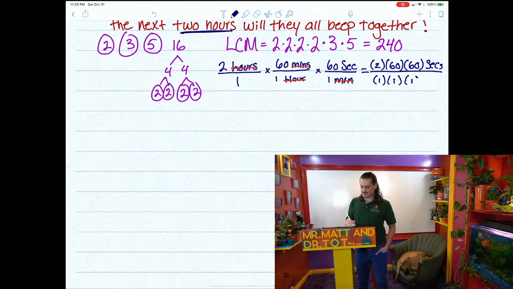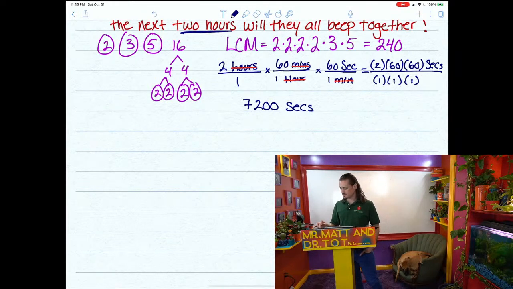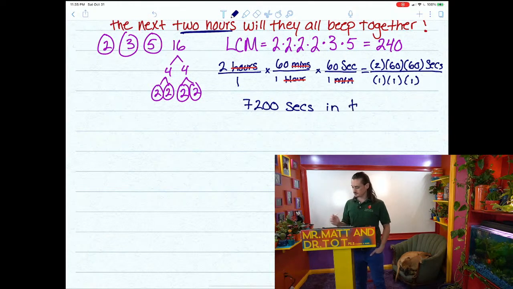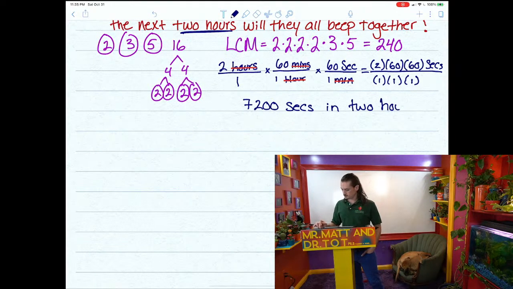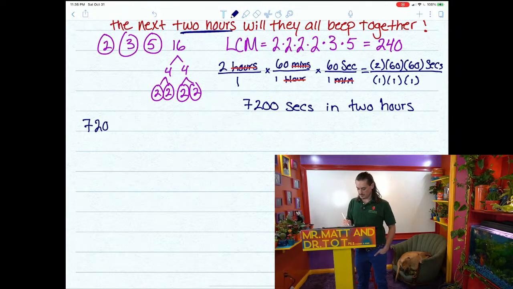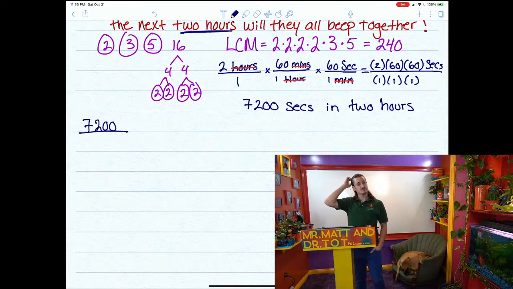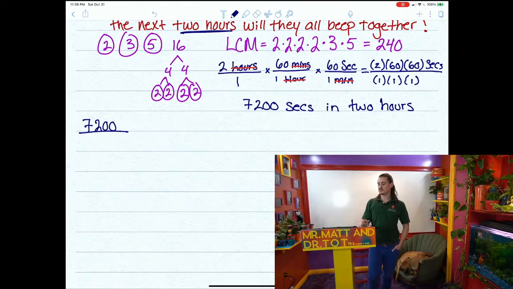So if I take 7,200 seconds and I divide it by the simultaneous rate of beeping, or the rate at which they all beep together, which is every 240 seconds, I'll get 30. So over the next 2 hours, these 4 timers will beep together exactly 30 times.